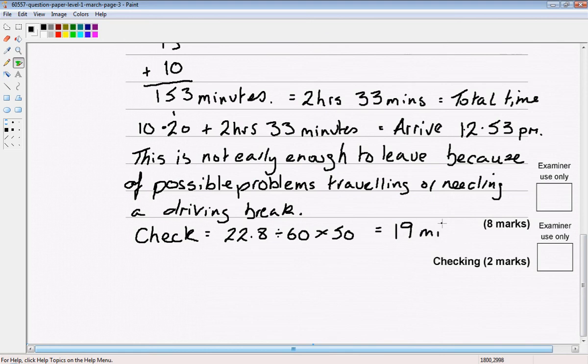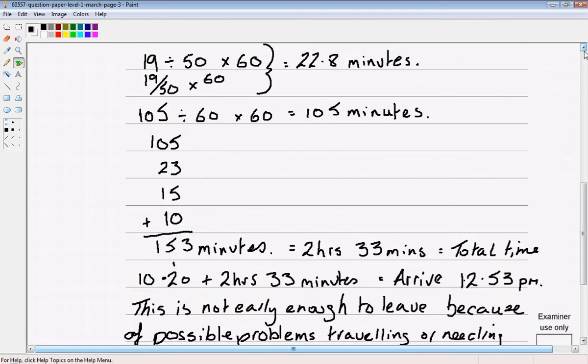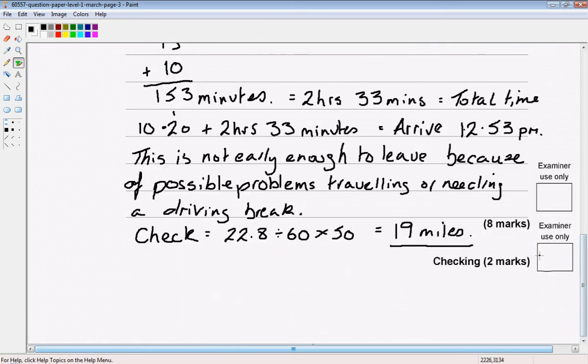So this gives us 19 miles. Now we can also do the same, and I would suggest you do the same here. So it would be 105 divided by 60 multiplied by 60, and that will take you back to 105.